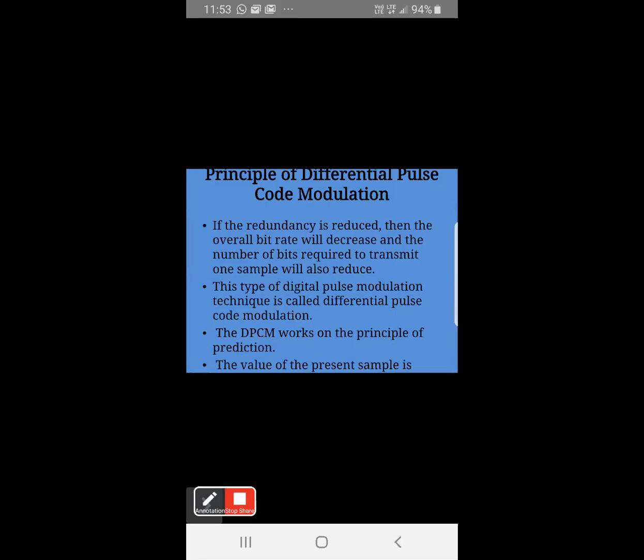If the same sample is obtained, then it goes under differential pulse code modulation to reduce the redundant bits. So for that, the present sample always depends on the previous samples.